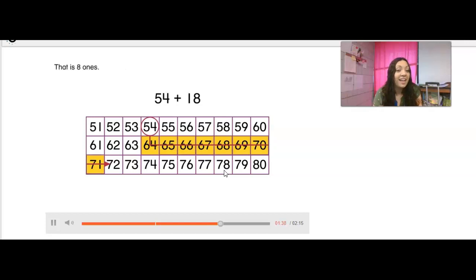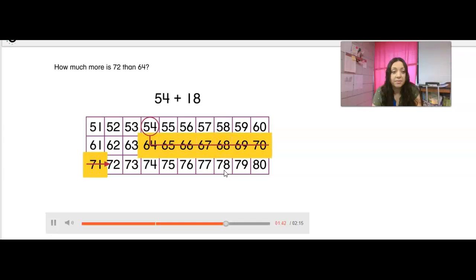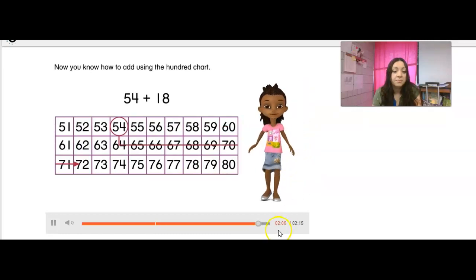I moved 8 ones. That is 8 ones. How much more is 72 than 64? 72 is 8 more than 64. How much more is 72 than 54? 72 is 18 more than 54. Now you know how to add using the 100 chart.